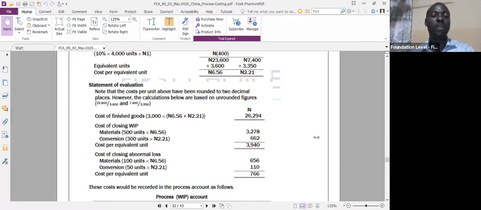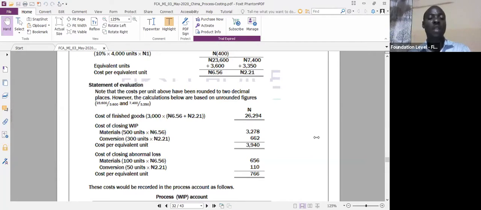Then you are going to get your cost per equivalent unit. When you add that of material with that of labor, you have 3,940 rather.